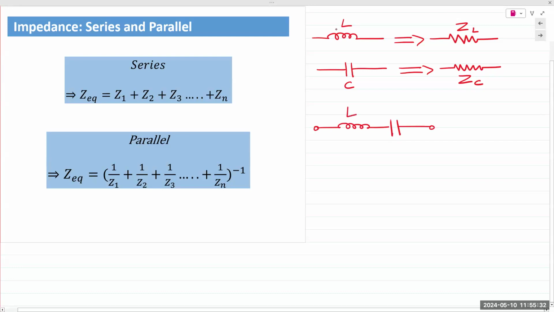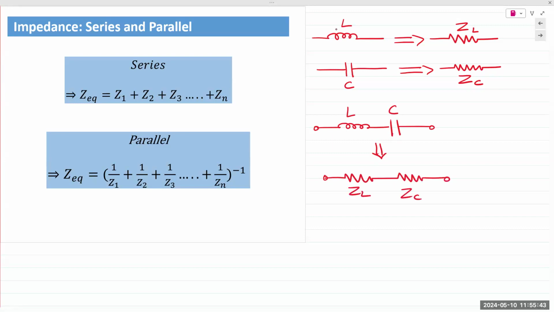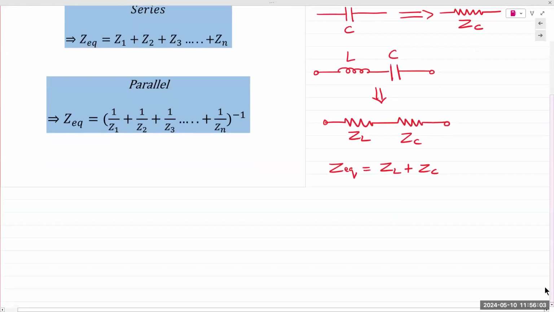But if it's an AC analysis, you can represent them with ZL and ZC, and you can write ZEQ as ZL plus ZC. Impedances add up the exact same way as resistors. If they are in series, you add them up. If they are in parallel, you add the reciprocals. No difference. Everything works exactly the same.